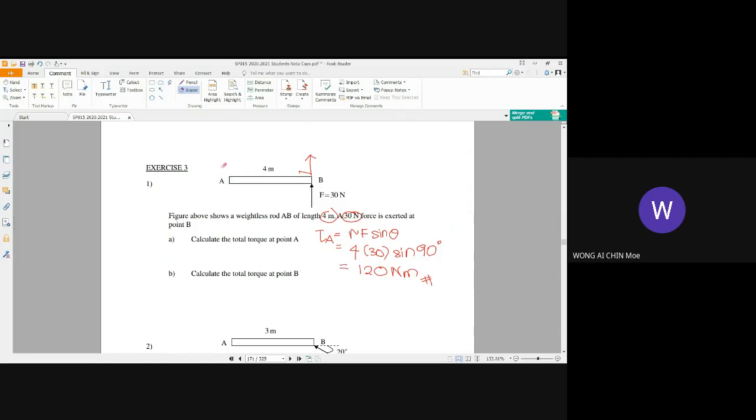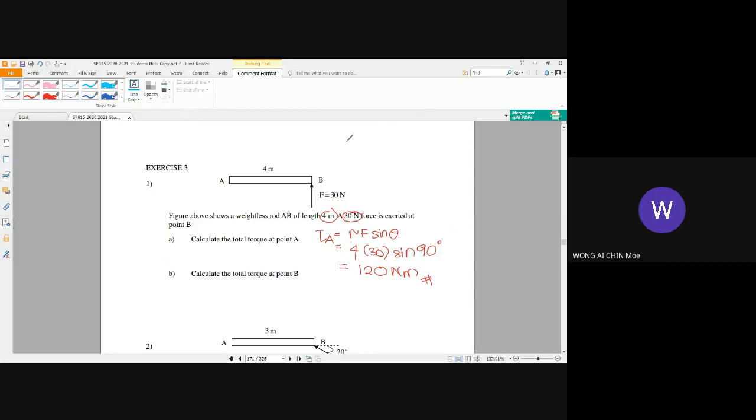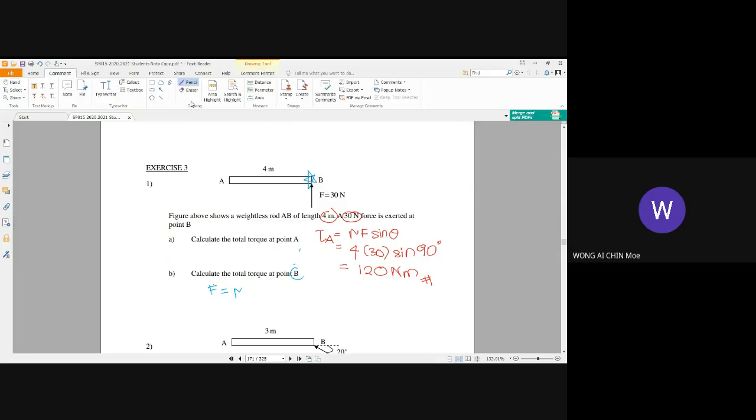Okay, next, calculate the net torque at point B. So we need to write our reference point at point B. So this is our star. Your torque equals to RF sine theta.